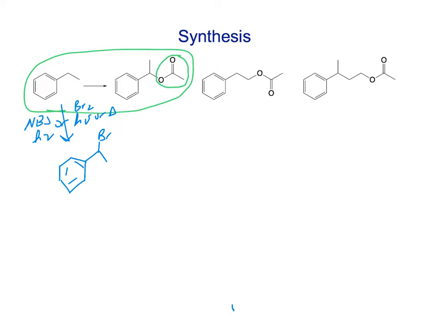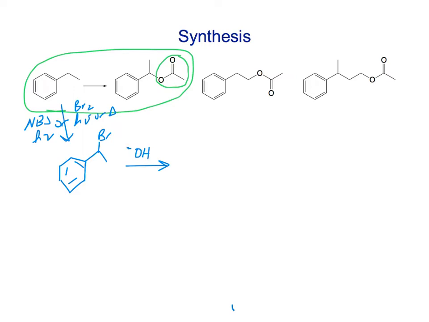We could form an alcohol, right? What would we use to form an alcohol? We could use a strong base. So what do you want? You want to go directly to the alcohol, or? Okay. What would we use to do that? Well, yeah, we could probably use just hydroxide, right?